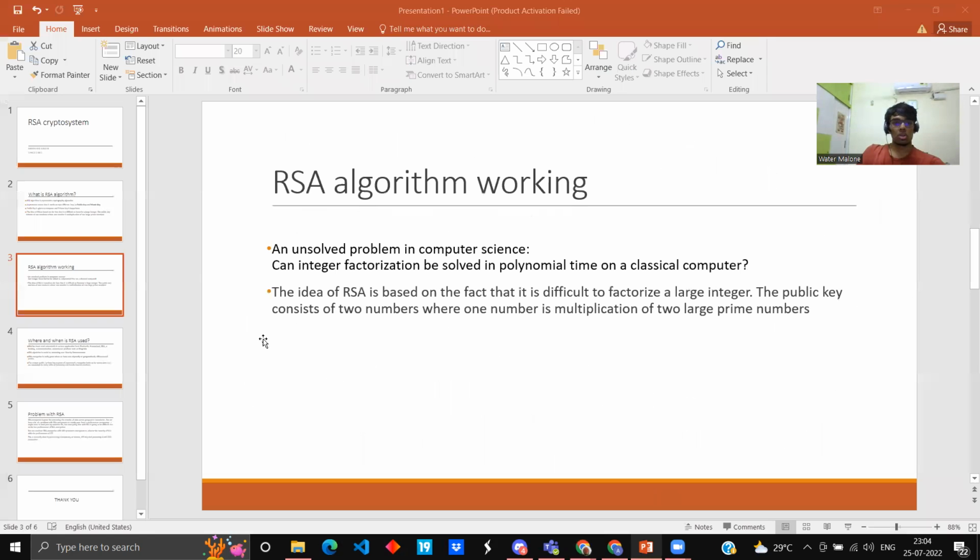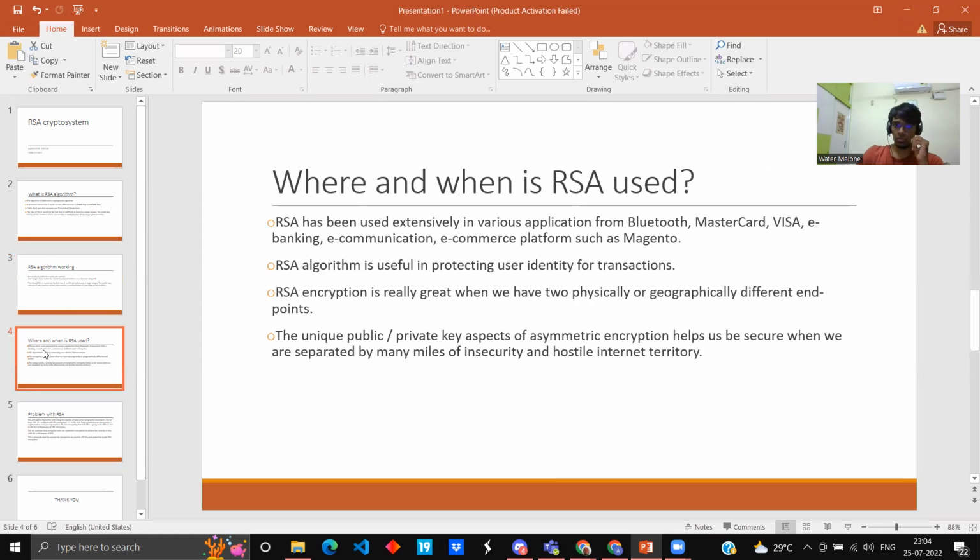So let us go back here. And the next thing, after we hopefully understood how the RSA algorithm works with an example, is to understand why and where it is used.